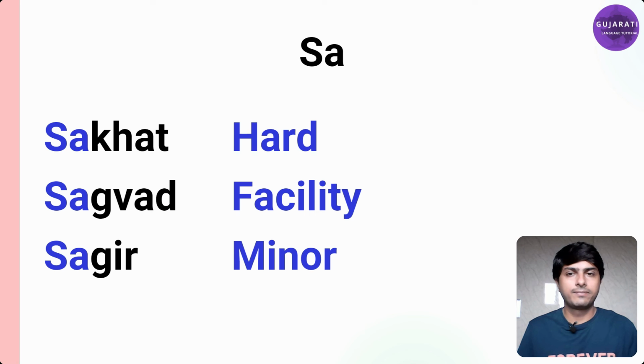I am repeating. Hard means Sakhat, facility means Sagwad, and minor means Sagir.